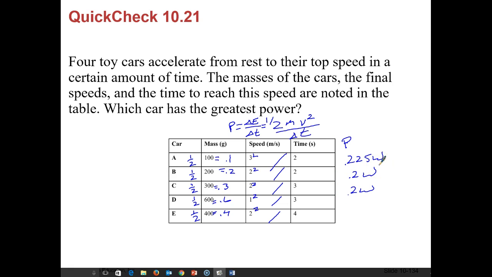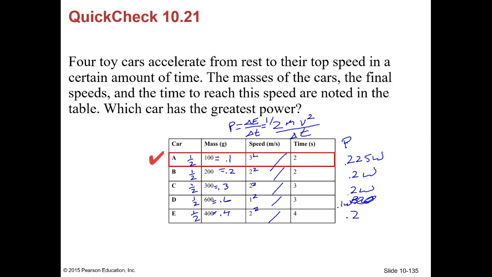Do the next one, which would be 1/2 of 0.6, which is 0.3, times 1 would be 0.3, divided by 3 would give us 0.1 watts. And then finally for the last one, we've got 1/2 of 0.4, which would be 0.2 times 4 divided by 4, and that would give us 0.2 watts again. So it looks like our biggest one is definitely letter A, and that is 0.225 watts.